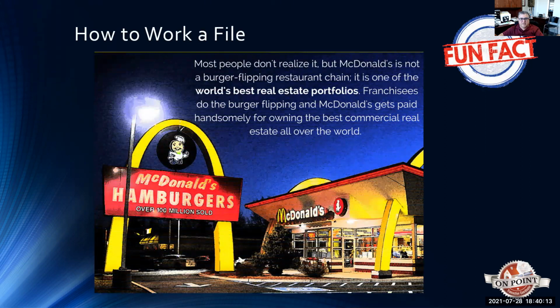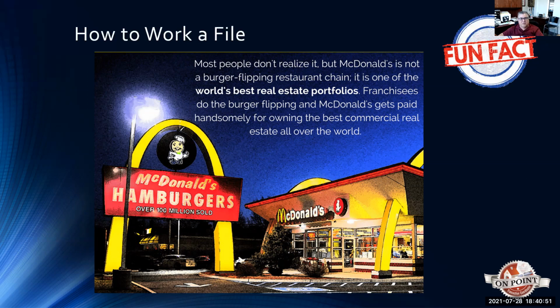Most people don't realize it, but McDonald's is not a burger flipping restaurant chain. It is one of the world's best real estate portfolios. Franchisees do the burger flipping, and McDonald's gets paid handsomely for owning the best commercial real estate all over the world. So Ray Kroc, the originator of McDonald's, along with the McDonald's brothers, after he kicked them out, realized that if he owned the buildings that these restaurants were being operated from, he could simply collect the rents from the buildings and collect high rents for that matter.